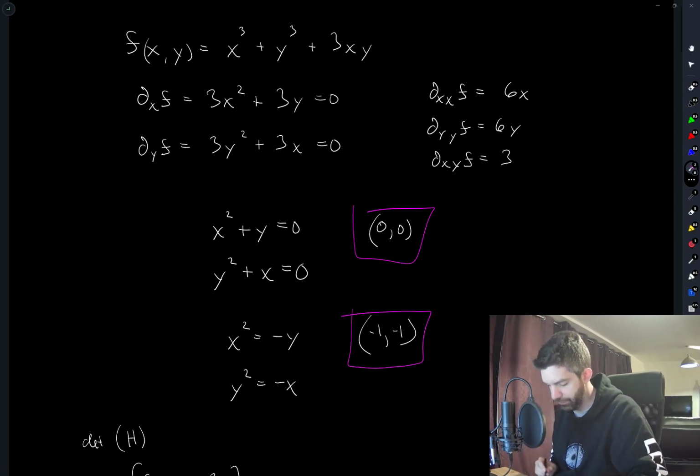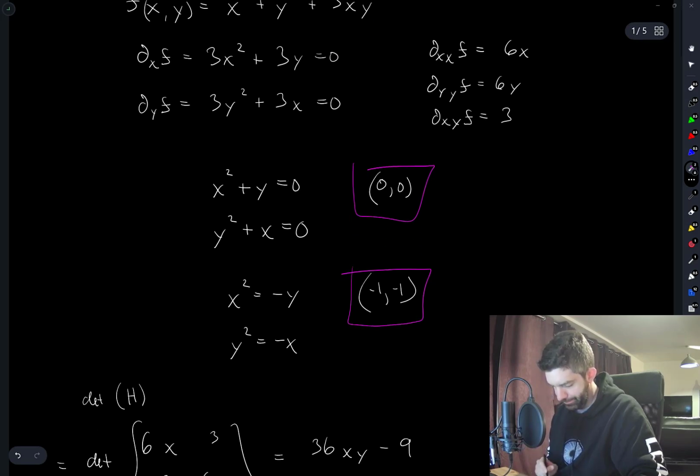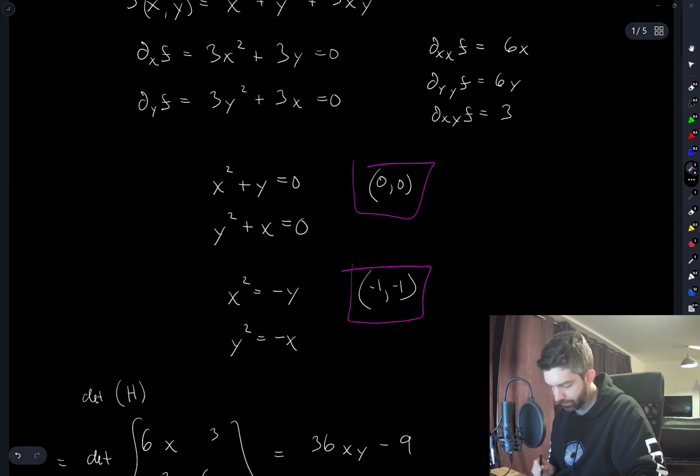That required a little bit of work. One of them is really easy to find, 0, 0. And the other one at -1, -1, recognizing we're only going to get a solution here when both x and y are negative, that kind of helped.